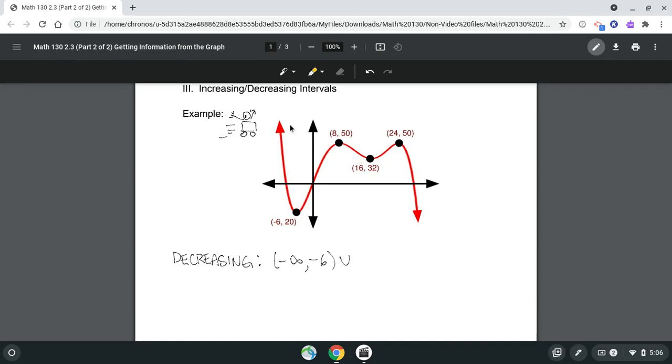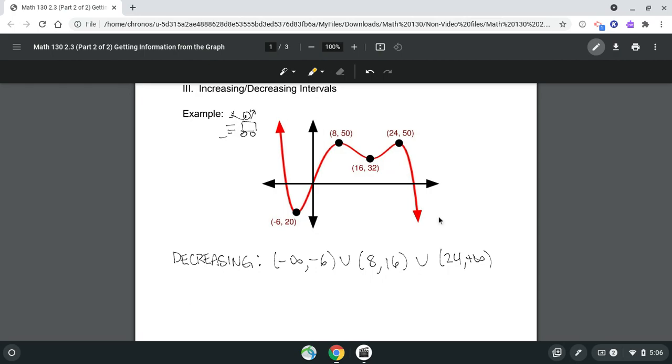That's not the only place where you would be going down on the roller coaster. You would be going up here. Here's a spot where you would be going down from 8 all the way to 16. So a decrease on this ride from 8 to 16. And we have one more interval where you would be going downward, from 24 all the way downward, to positive infinity.